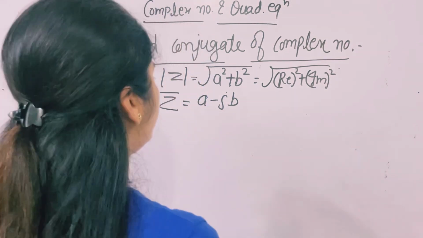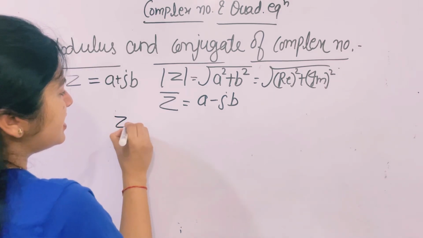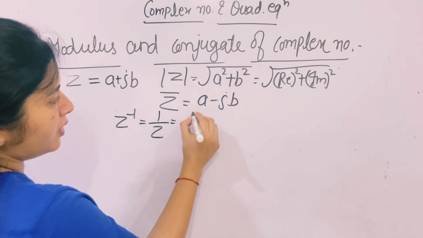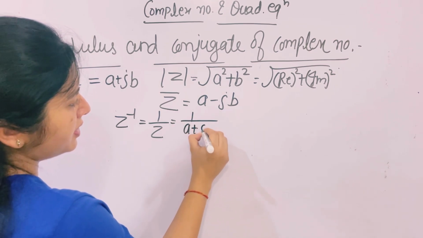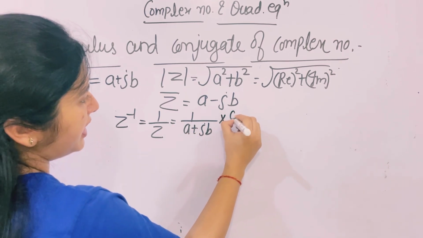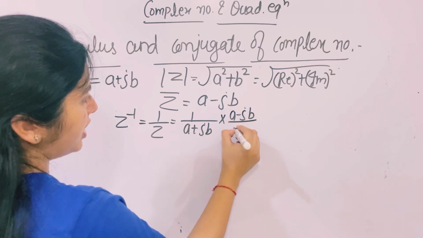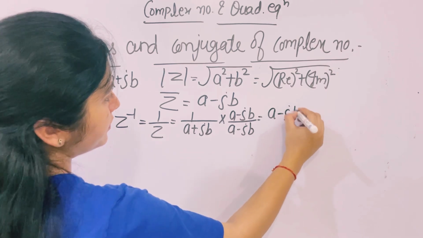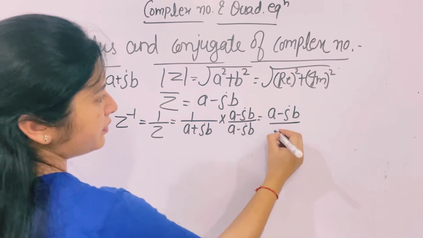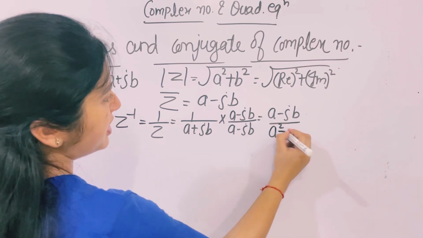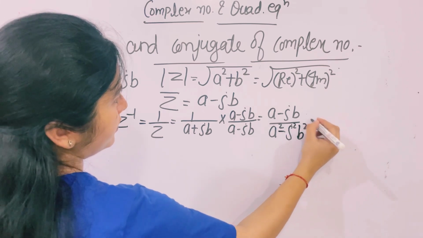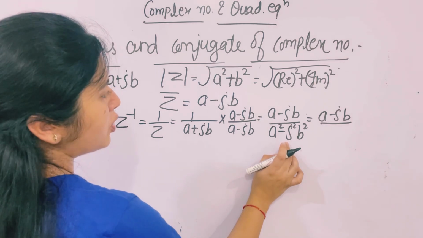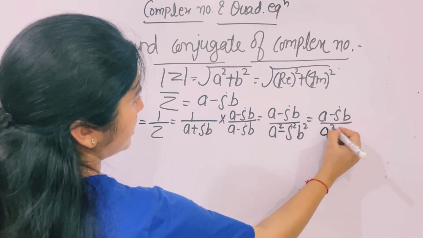Right? Now, we know that z inverse is written as 1 upon z, meaning 1 upon a plus iota b. If we multiply a minus iota b up and down, we get a minus iota b upon a square minus iota square b square, and iota square is minus 1, minus minus plus.